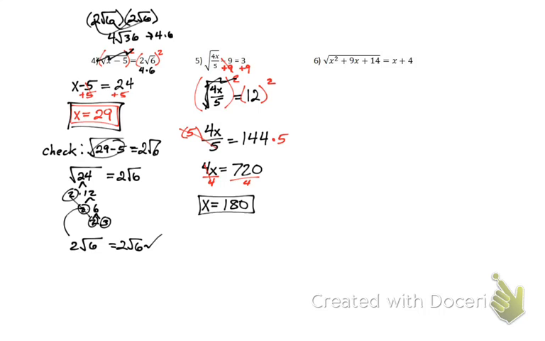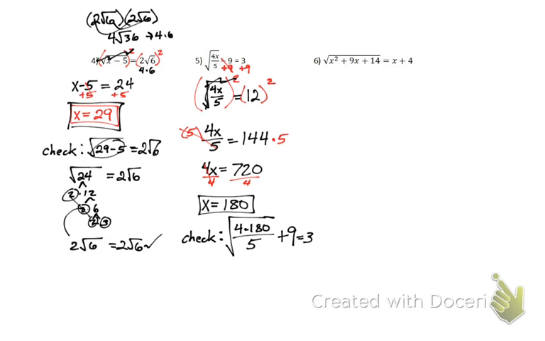You got to check it though. So let's check here and see if 180 is right. So I'm going to put 180. So I'm going to have the square root of 4 times 180 all over 5 plus 9 equals 3.